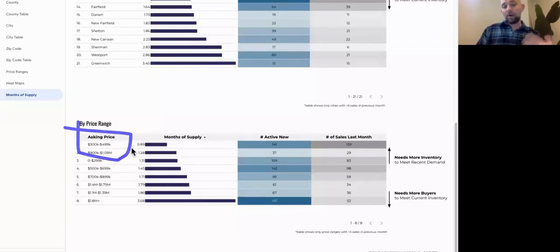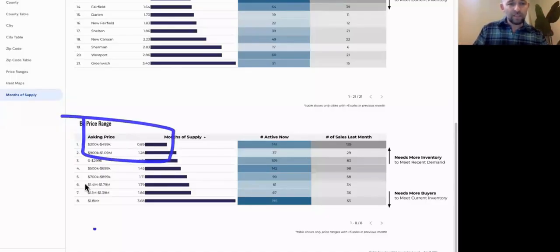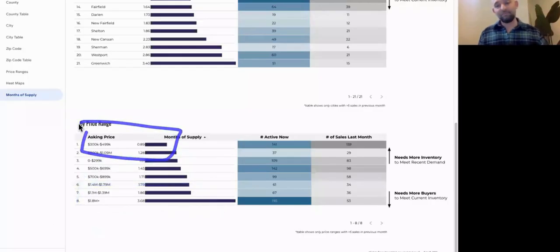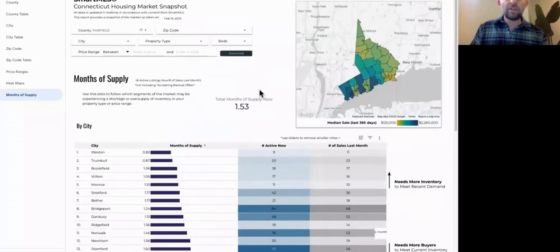Consequently, the $300,000 price point is also across Fairfield the most popular right now. So you tell your sellers about this, you tell your buyers about that. If you have a buyer up here, maybe you don't tell them that. Maybe you do. I don't know. But this is one way to do that. And you can also break this down by price range.